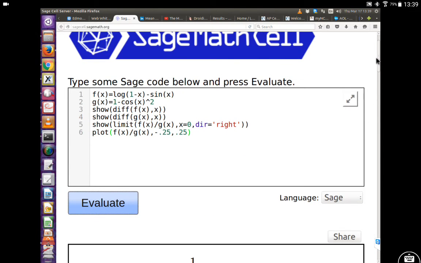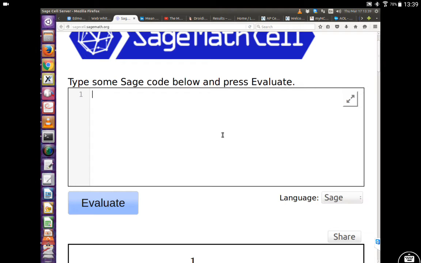Alrighty. What about the chain rule? Let's play around with the chain rule a little bit. What if I said, okay, let's start from scratch. Get rid of all this stuff. What if I say for n in range of 5 again, show the diff of, now let's see, what do I want?